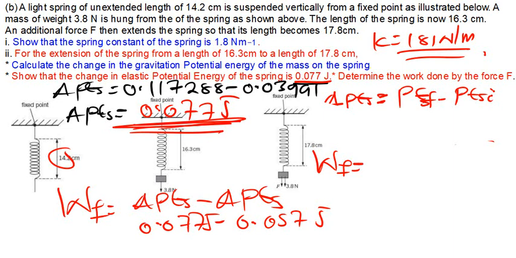I'm getting 0.02 joules. So that is it for this one, unless you have got questions. You can ask if you have got questions.